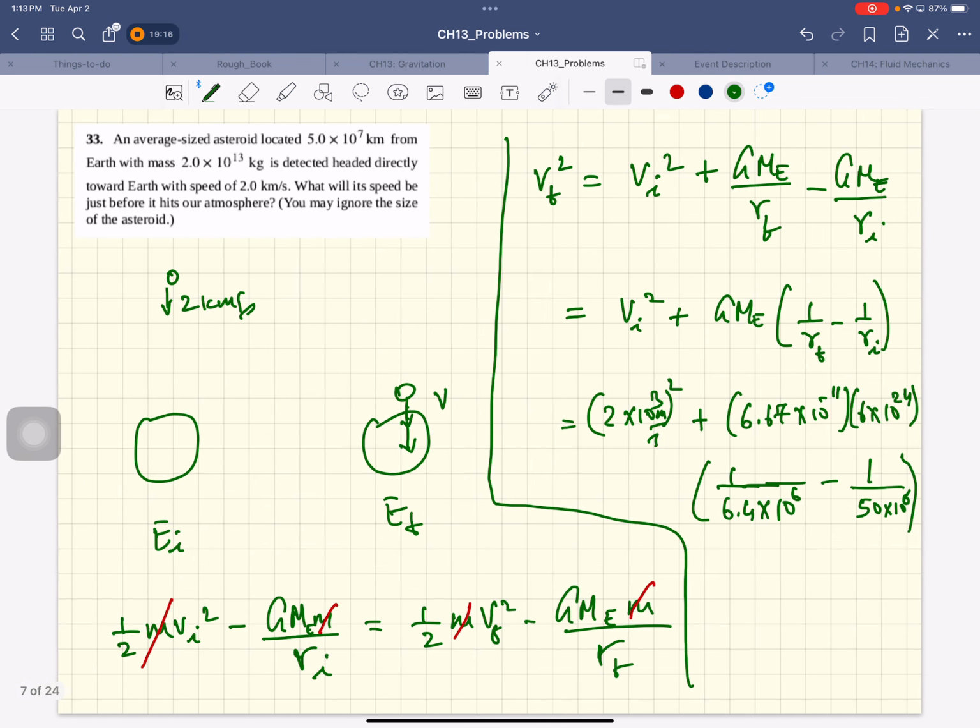I hope I didn't make any mistakes. Oh, never mind. That's kilometers, not meters. So that's 50 times 10 to the 9.